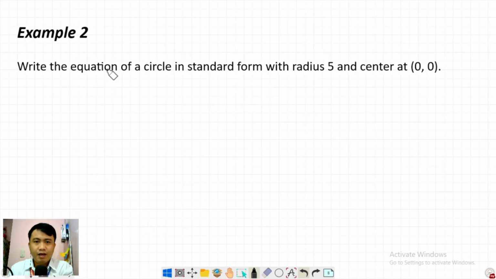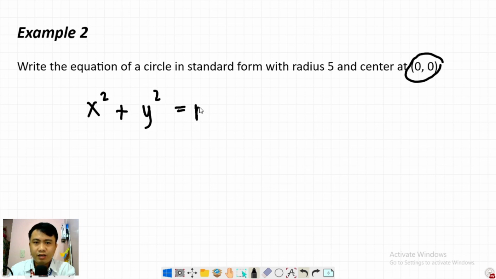Next, write the equation of a circle in standard form with radius 5 and center at 0, 0. 0, 0 na naman. Wala na tayong problema dyan. Just use this equation, yung formula. X squared plus y squared is equal to, what is our r? 5.